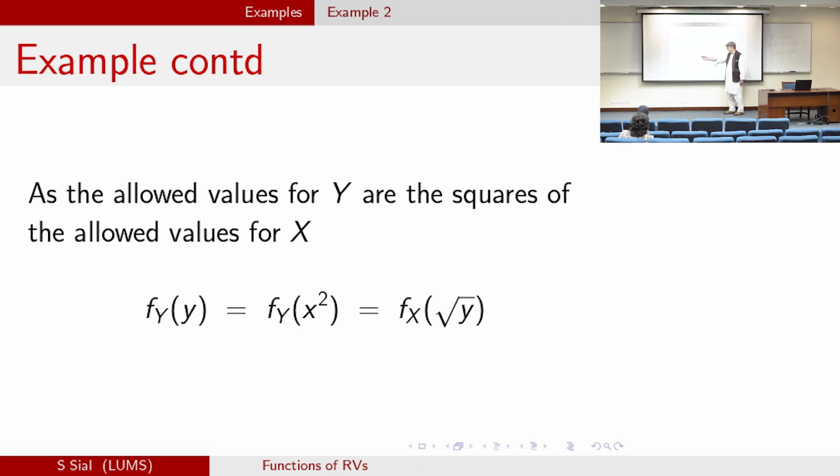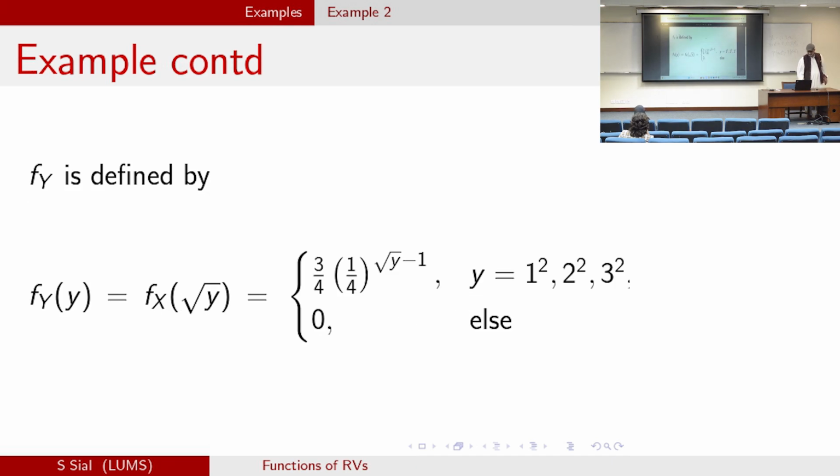Y was defined to be x squared. And then if y equals x squared, then x is equal to the square root of y. Be a little bit careful when you're taking square roots. Don't take the square root of a negative number or something like that. So when you specify your PMF, you're going to have to make sure of that.